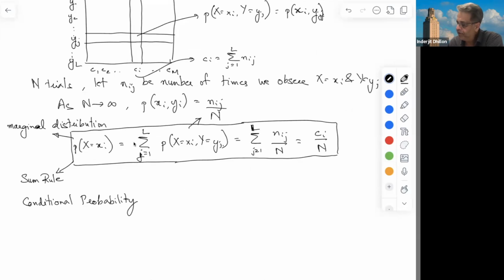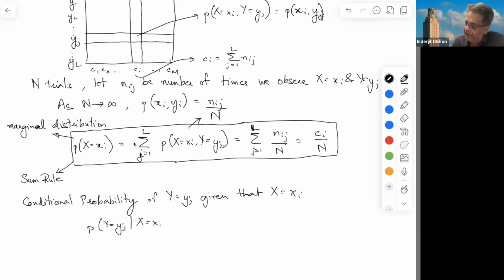So suppose I'm looking at the conditional probability of y equal to yj, given that I've already observed that x equal to xi. That will be denoted by P of y equal to yj, given that x equal to xi.